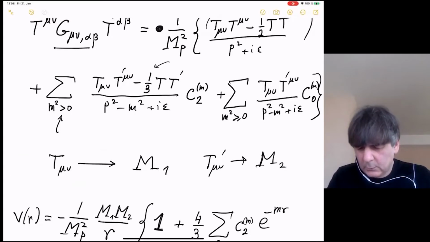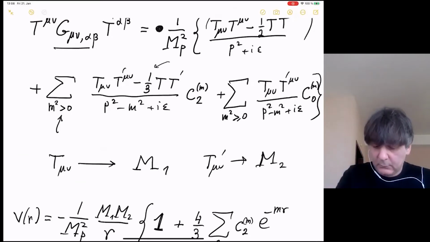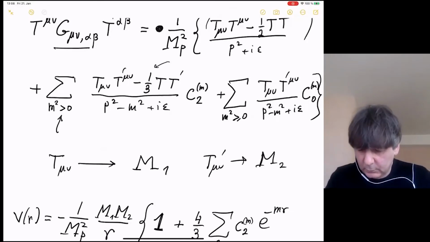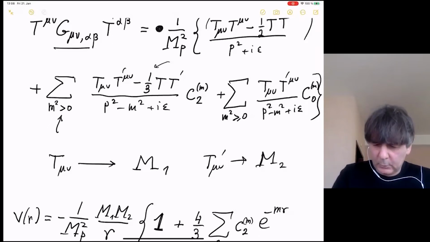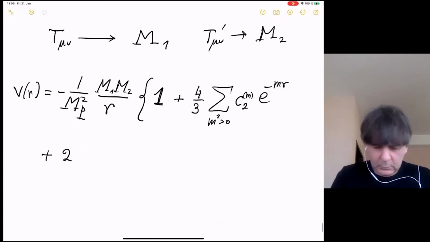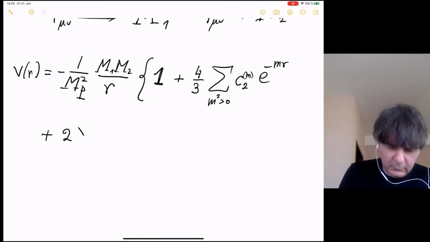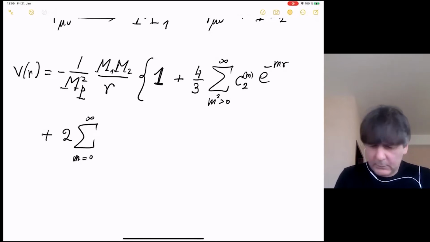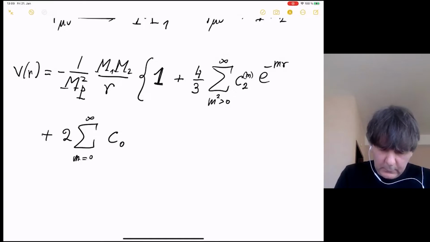The one of a scalar is not terribly informative, but the one between massive and massless spin 2 is informative because that's a reflection of the discontinuity. So here I would have a factor of 2, because 1/2 versus 1. So m from 0 to infinity, to arbitrary values, m C0 of m and exponent minus mr again.